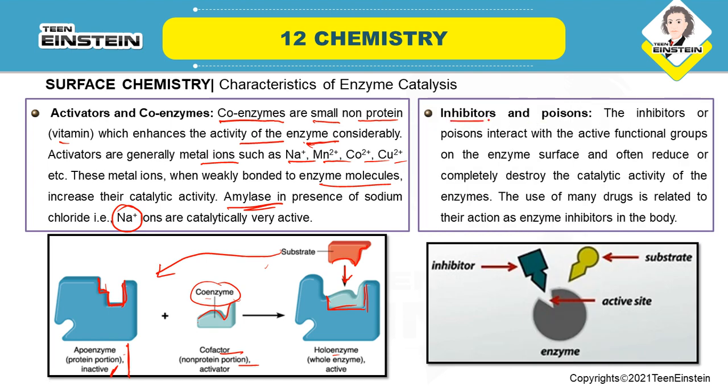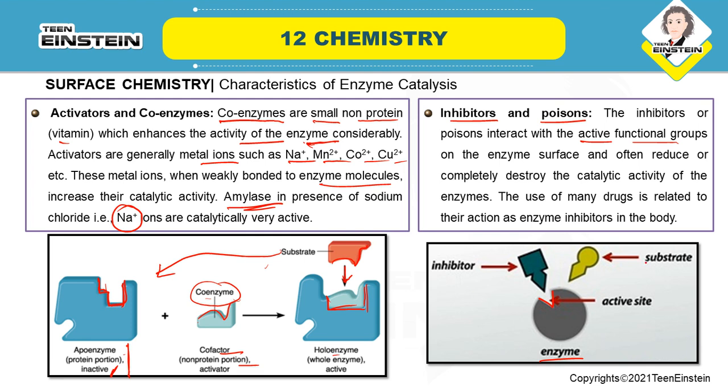Inhibitors and poisons. Now from the name you can get the idea that obviously these species will disturb the catalytic activity. Inhibitors or poisons interact with the active functional groups of the enzyme surface, and they reduce the catalytic activity completely or sometimes partially. So if we look at this enzyme, this is the active site.